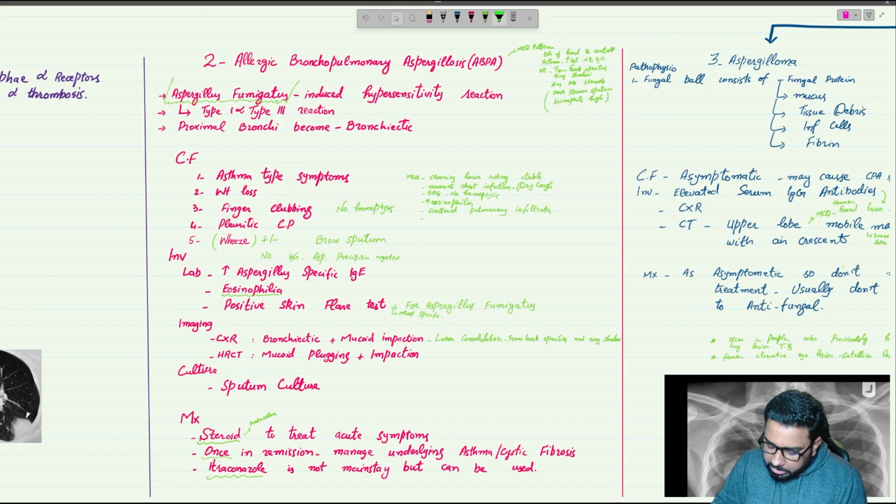Now, the idea of allergic bronchopulmonary aspergillosis is that sometimes Aspergillus fumigatus, which is one of the species of Aspergillus, can cause a hypersensitivity reaction, usually of type 1 and type 3. And because of these reactions, over a longer period of time the proximal bronchi can become dilated and bronchiectatic.